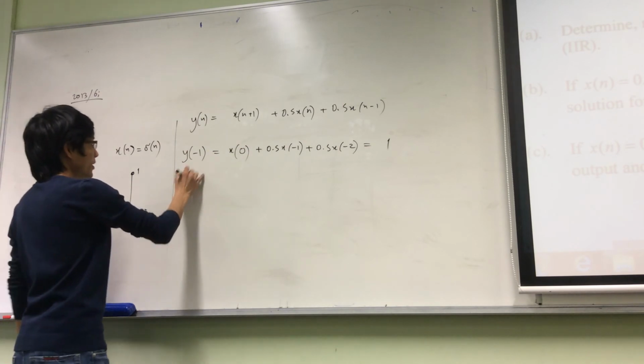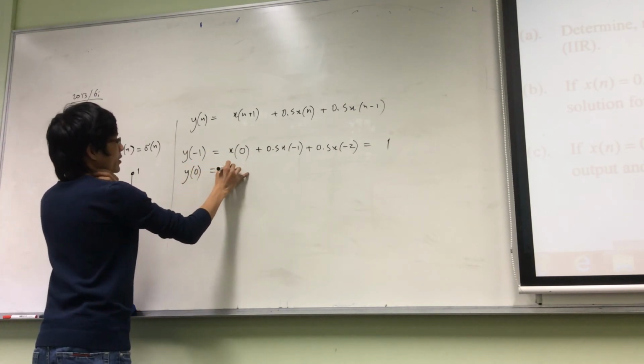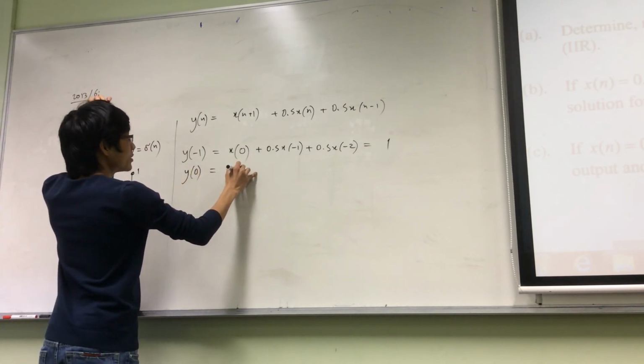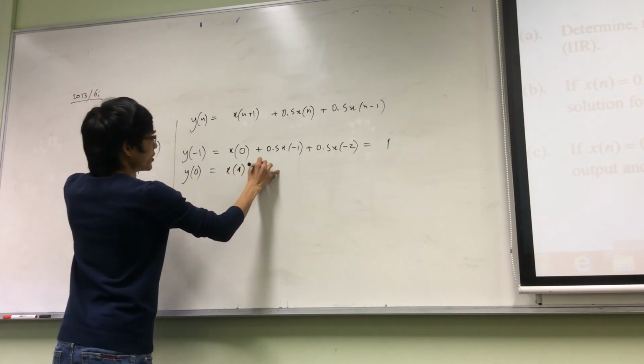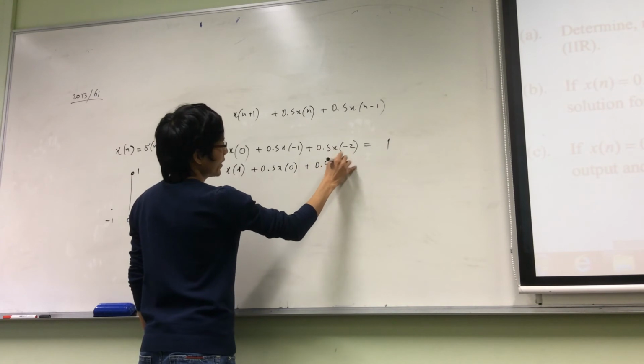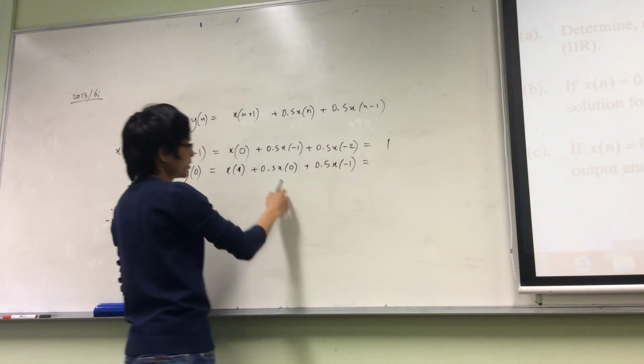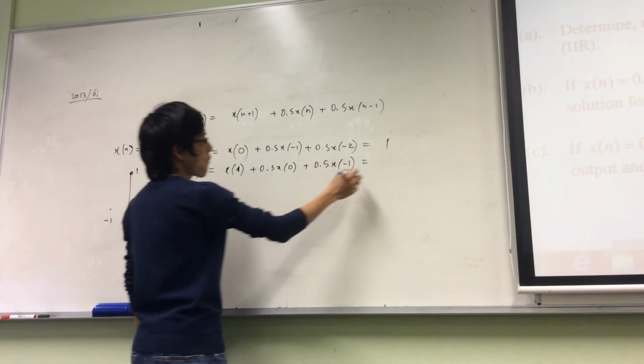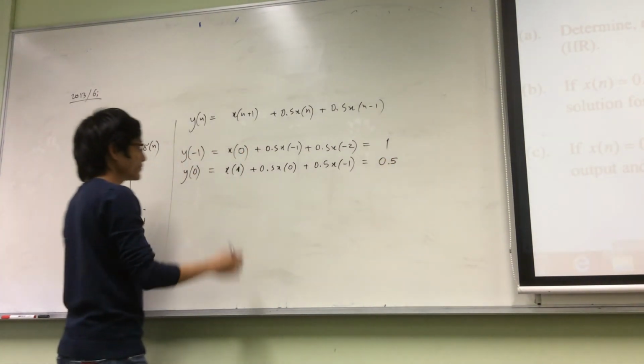How about y[0]? x of 0 is 1, plus 0.5 x[0], plus 0.5 x[-1]. How much do you get here? 1 also. 0.5, 0.5.